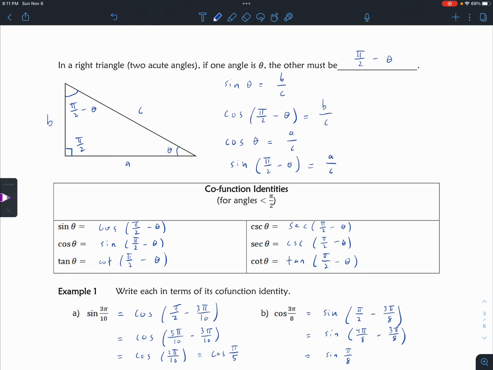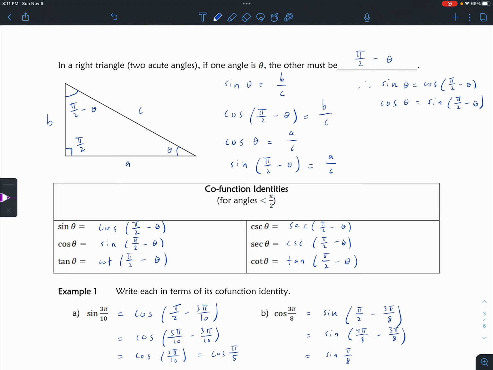That allows us to conclude that sine of theta equals cosine of pi over 2 minus theta, and that cosine of theta is equal to sine of pi over 2 minus theta.